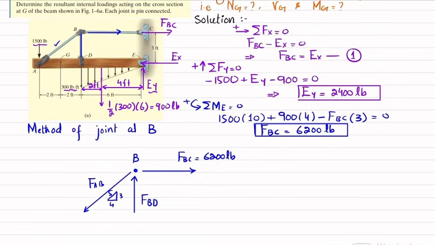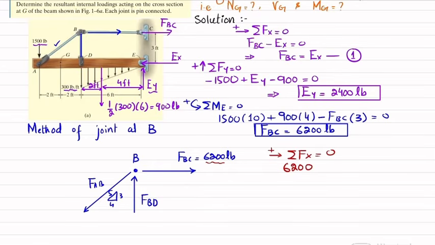So this is the joint B having forces FBC, FBD, and FAB. We'll find these forces by using the equations of equilibrium. The first equation of equilibrium is that the sum of all forces along the x direction must be equal to 0, and force toward the right side is taken as positive. So on the right side we have one force, 6,200, clear.